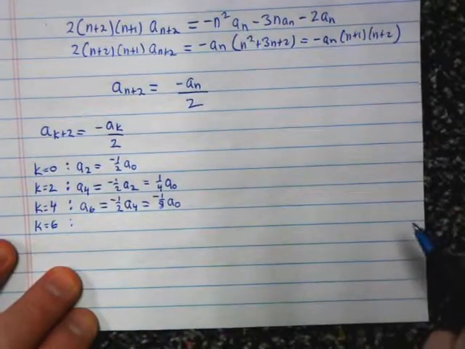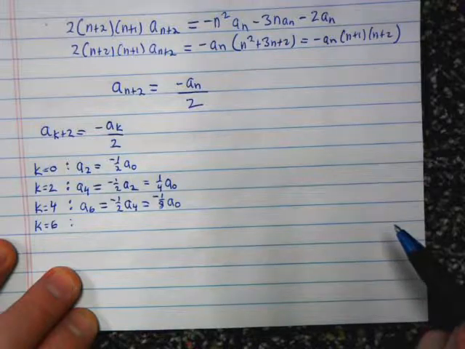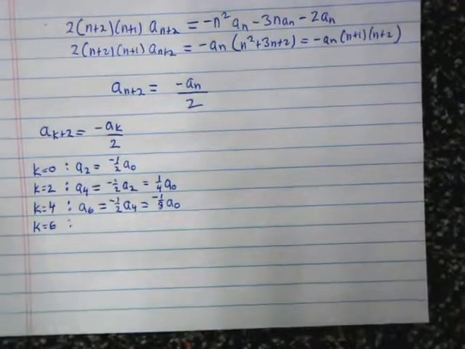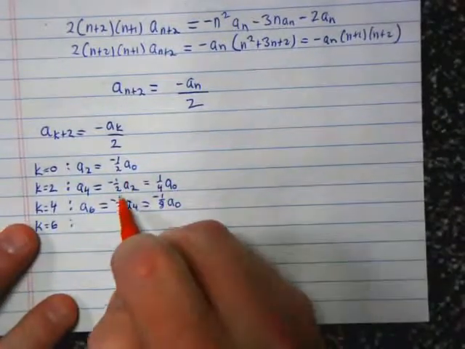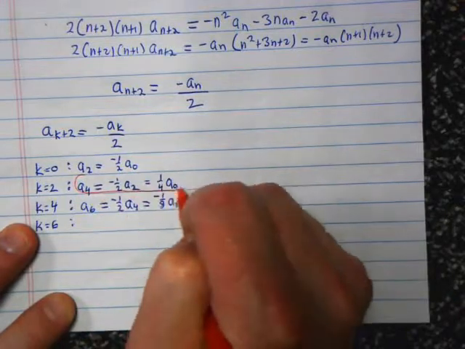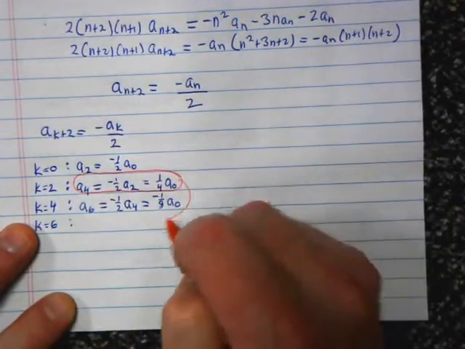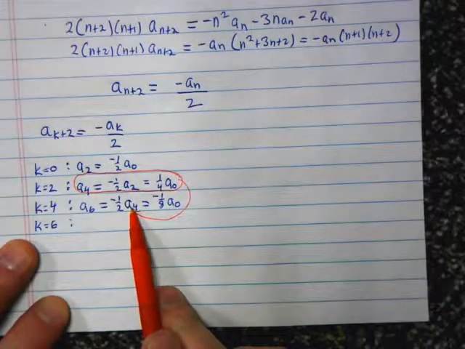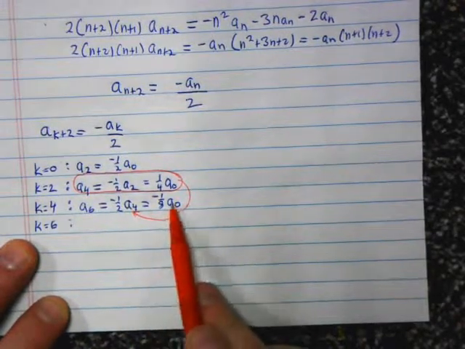Go ahead. So you plug in a sub 4 in previous? I don't understand that. What I did is I got this negative 1/2 a sub 4 here, but I took this answer for a sub 4 and I plugged it in right there. So I had negative 1/2 times 1/4 a 0. That gave me the negative 1/8 a 0.